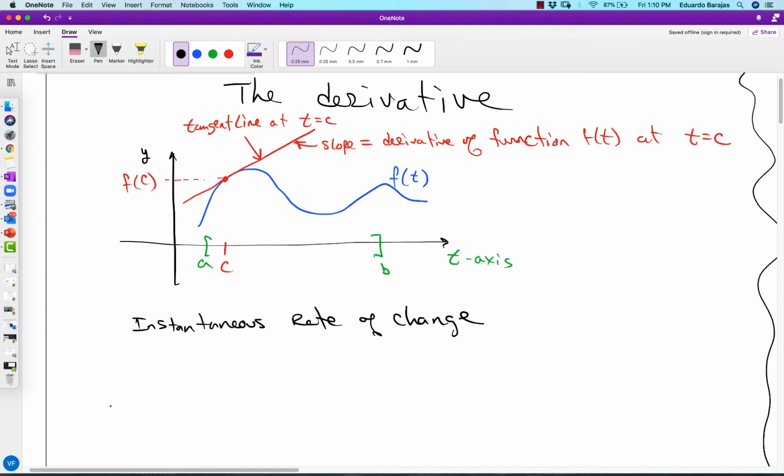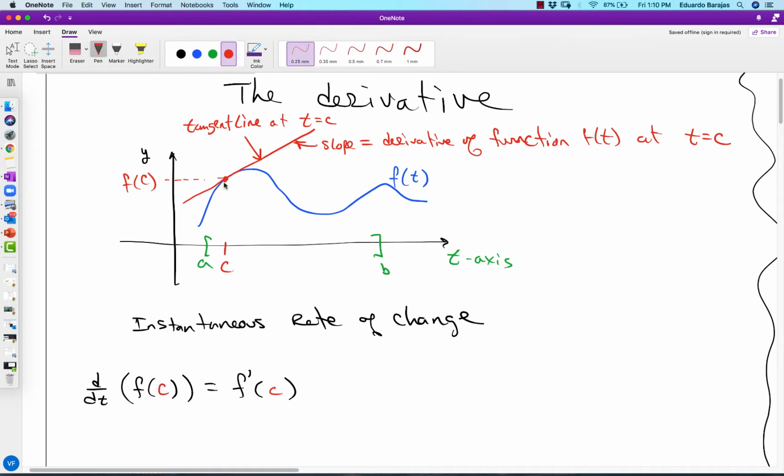Okay, so the notation we developed is as follows. If we have f of t, then the derivative with respect to the t variable of the function f of t is equal to, and we also developed this little tick mark notation, f prime of t, in general. So now let's put it at a point c.